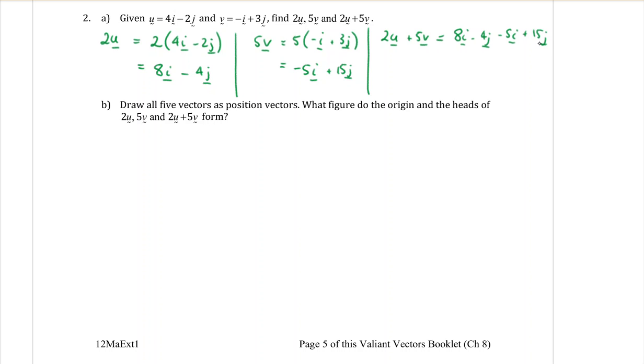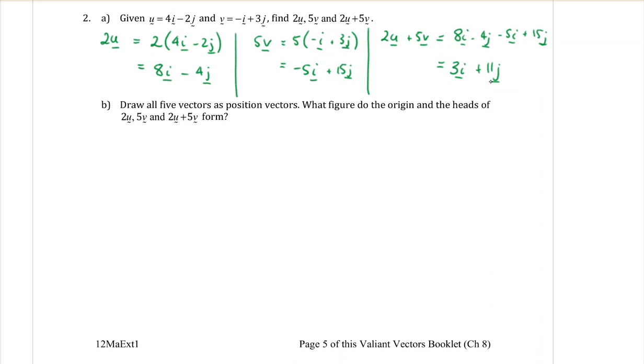You can just collect the like components. They're like terms, but they're components as well. So 8i minus 5i is 3i, and minus 4 plus 15 makes a positive 11j.